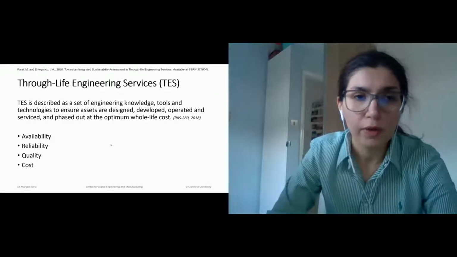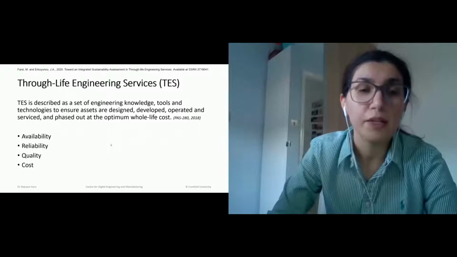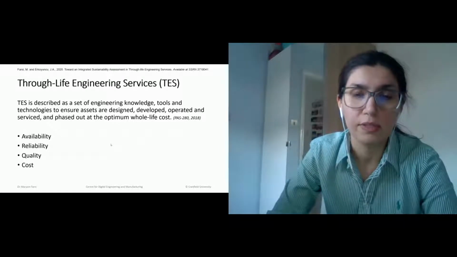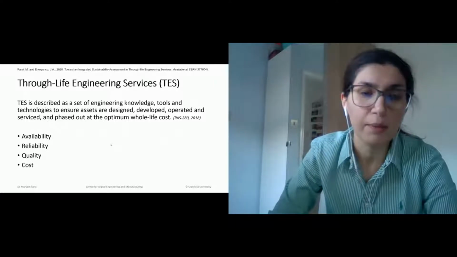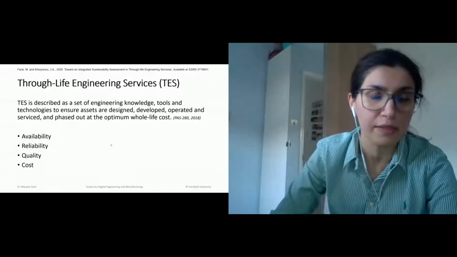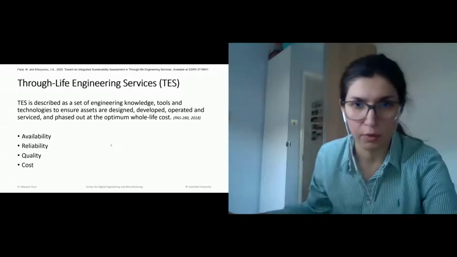So there are four measures and attributes which are important to consider in TES: the availability of the asset, the reliability of it, the quality of the service and the products, and also the whole life cost.